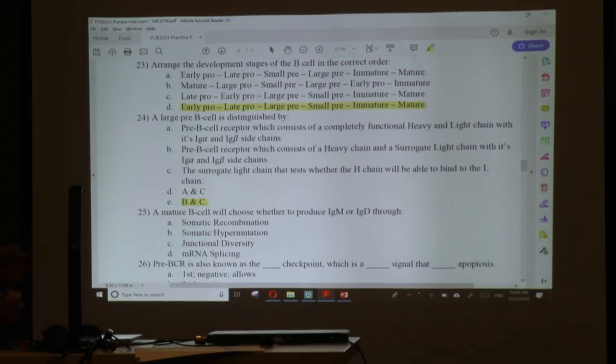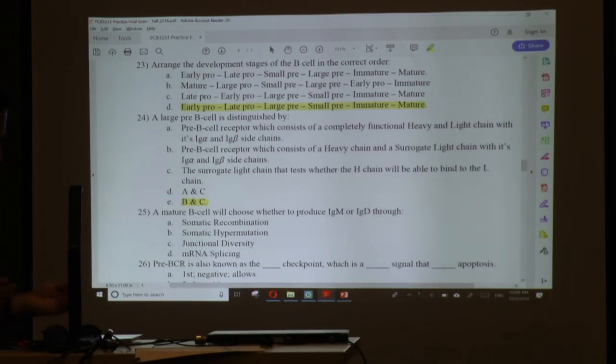basically. So the function of the surrogate light chain is to work as a fake light chain, right? That will bind to the heavy chain and just make sure that the heavy chain can work as far as the structural part, because the heavy chain actually holds the light chain, right? So if that works, then you're good to go, and the B cell can start working on the light chain.